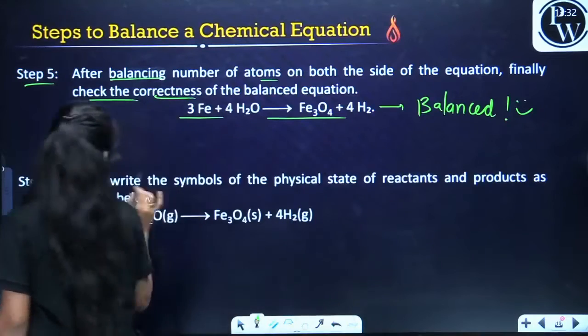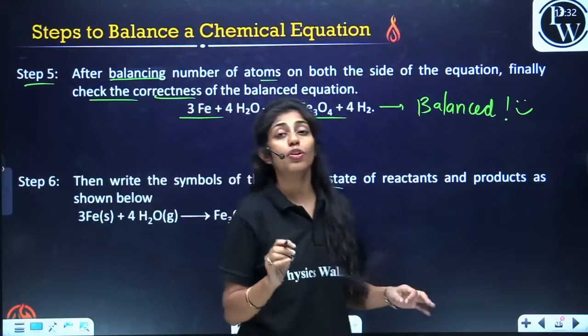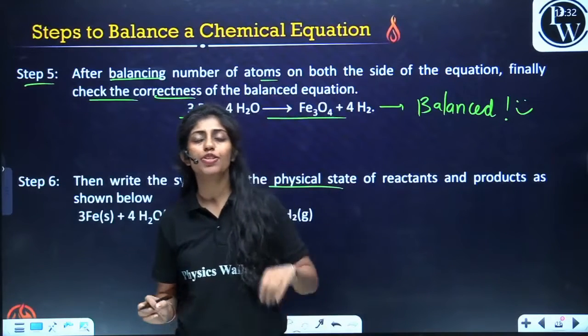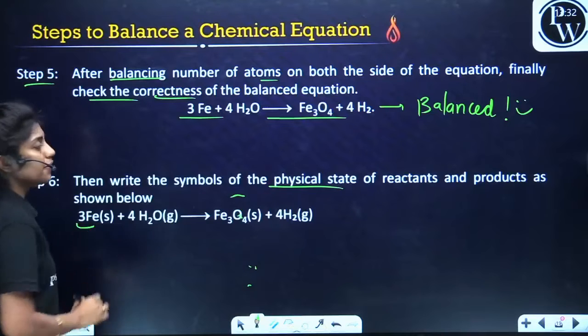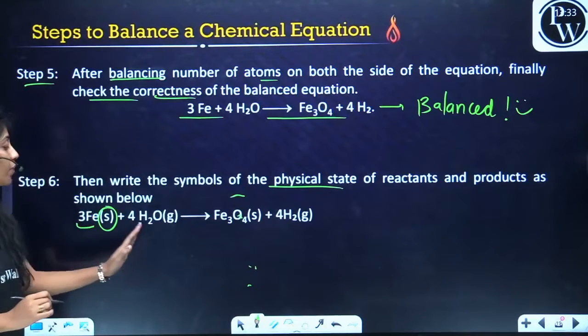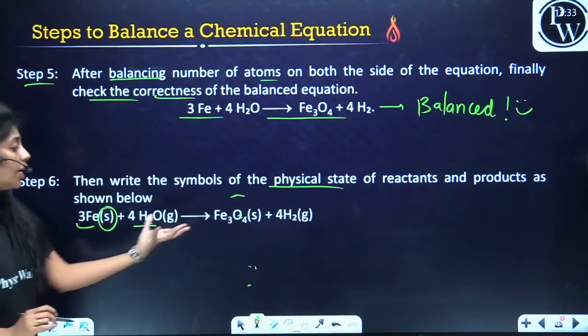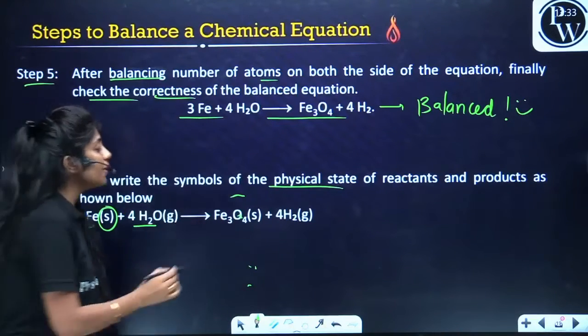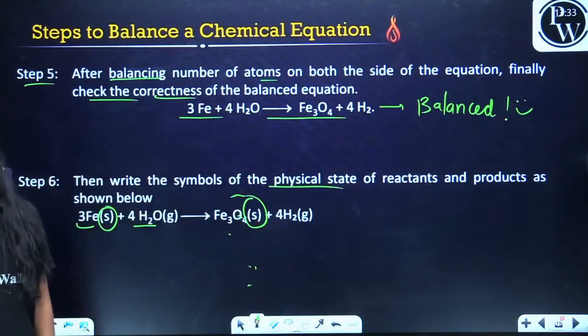Next, write the symbols of the physical state. It is very important to make your chemical equation more informative. So let's suppose this is iron. It will be in the solid state. I have placed it. Next is water, right? That is in the gaseous state. In the steam form, it will react, making a solid compound, iron oxide.